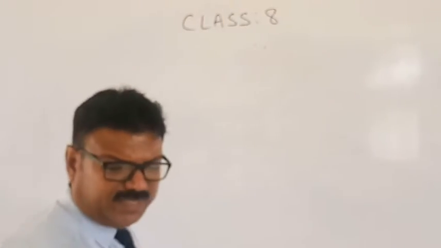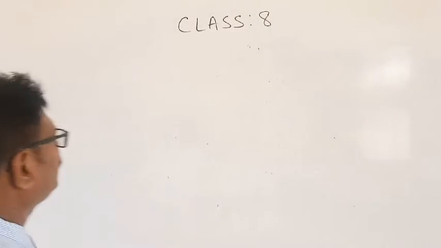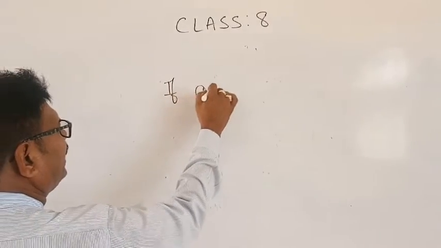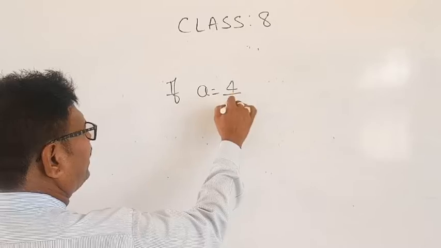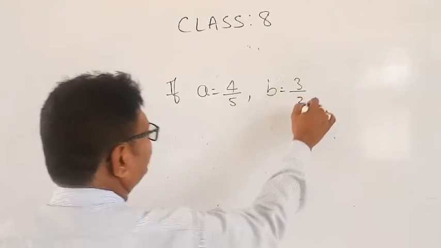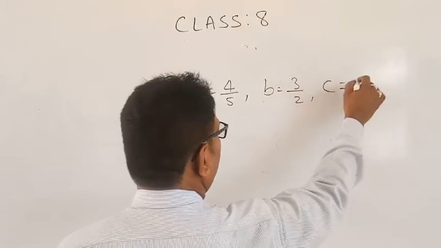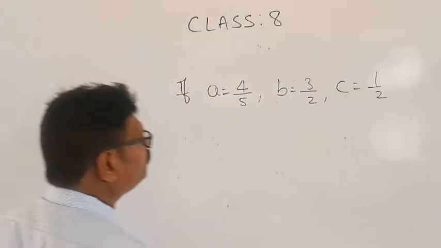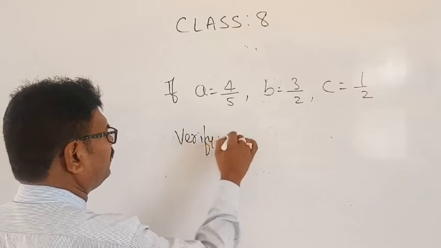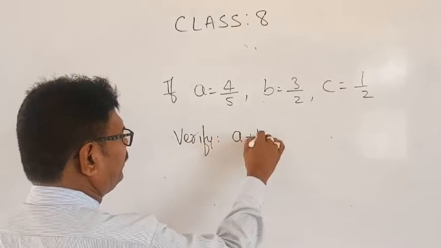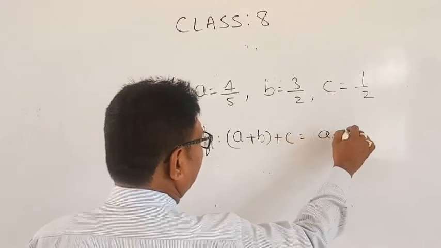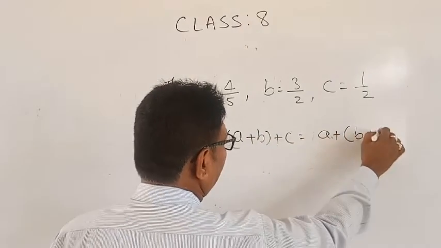Now we see verification, some of the properties of verification. If A equals 4/5, B equals 3/2, C equals 1/2, then verify (A plus B) plus C equals A plus (B plus C).